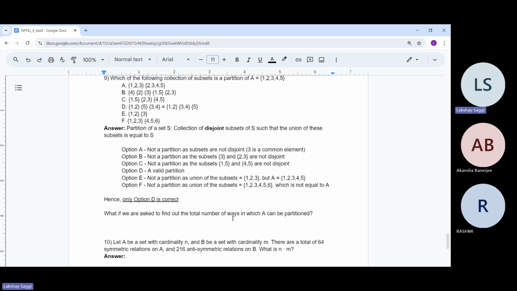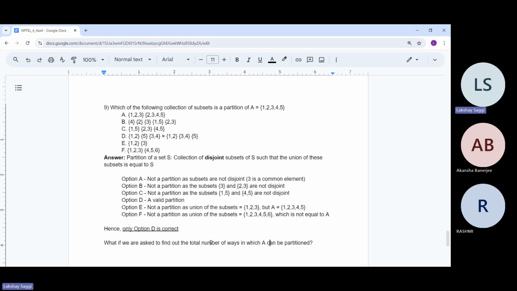You guys can think about it and whatever thought comes to your mind, just type it out in chat. If any answer comes to mind, just type it out in chat.